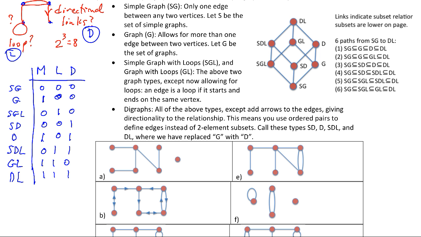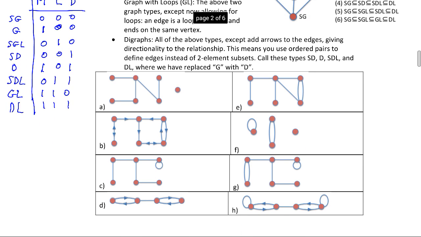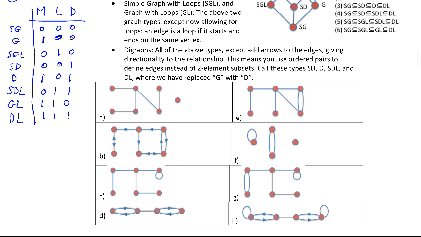Anyway, let's go characterize these 8 graphs here, and this is straightforward. Part A has none of the three features, so it's a simple graph. Part B has directed links, and it also has multiple links, so it has a 1 in the M and a 1 at the end, and that's a digraph. It's not a digraph with loops because there are no loops. Part C has no multiple links, so it's a 0 in the first column.